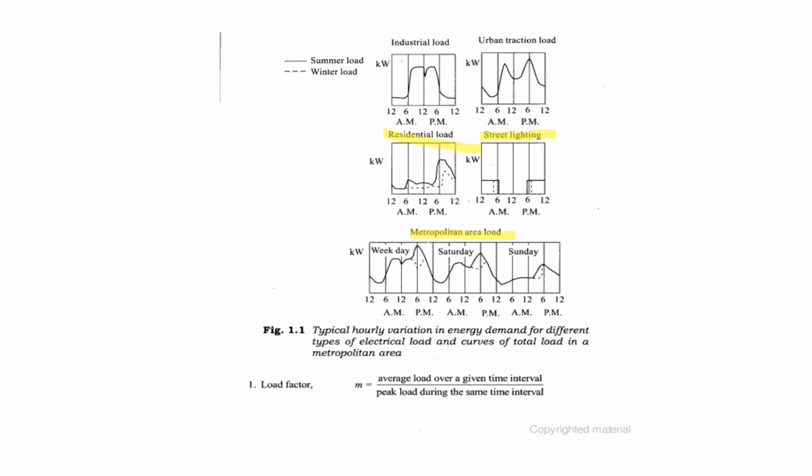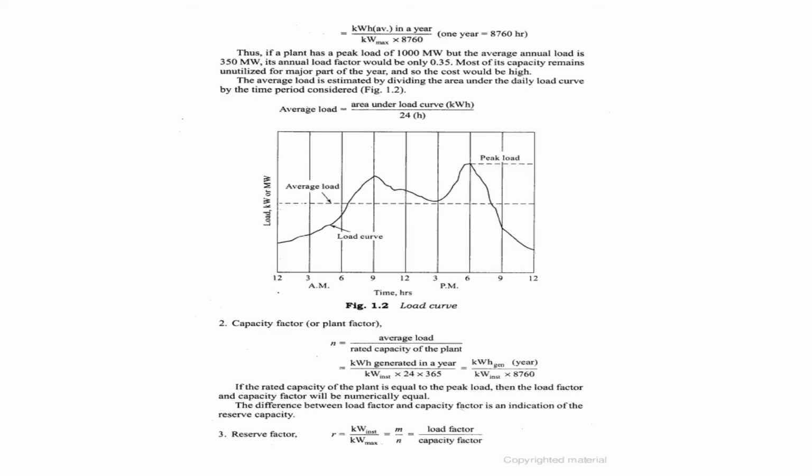Load factor is an important factor, it should always be less than 1. The load factor is calculated by means of the ratio between average load and peak load during the given period of time, average load by peak load.